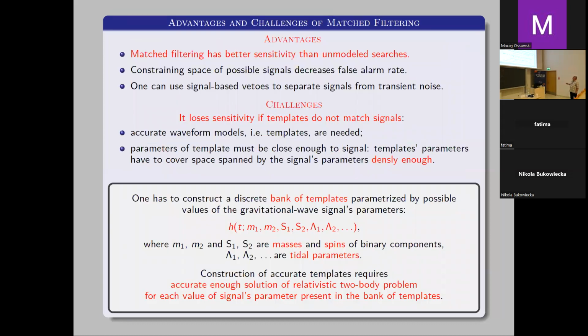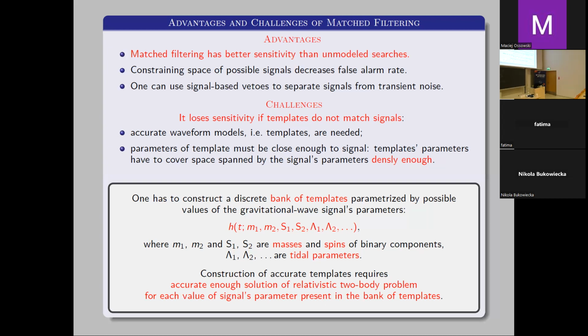As I have just explained to you, matched filtering has better sensitivity than unmodeled searches. Moreover, they constrain the space of possible signals, which decreases the false alarm rate. The idea is also not complicated. If you have more different independent possibilities to make errors, then the probability of making errors is greater as well.